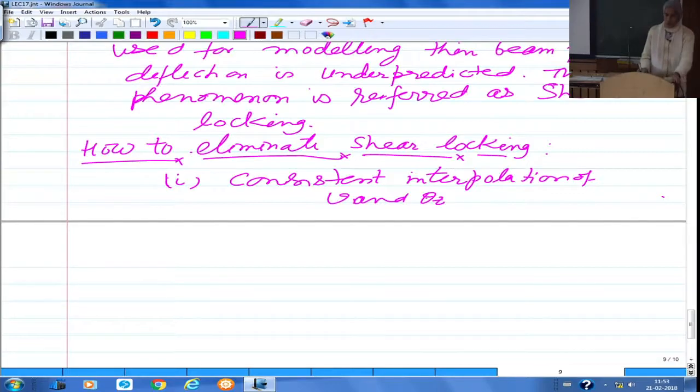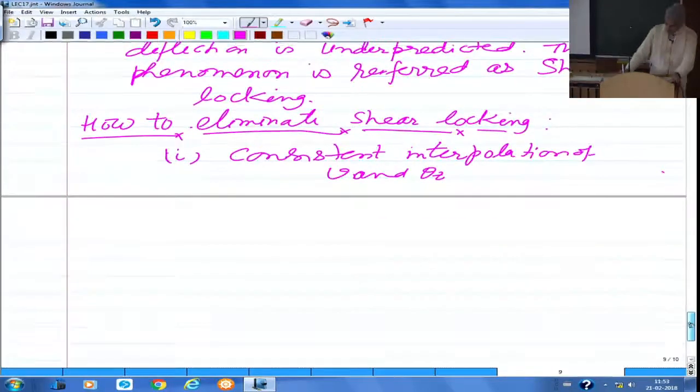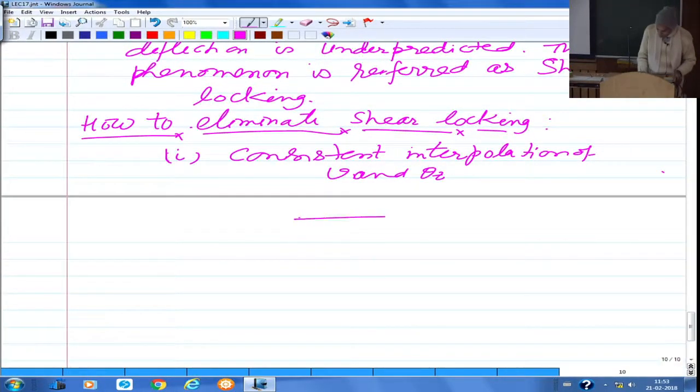That is one. And see what I am saying here: now you have your finite element, and I want to interpolate theta z using a linear polynomial, with the minimum requirement for both of them being linear. But to handle this problem, for theta z we take a linear polynomial, but for v we want to take a quadratic polynomial.